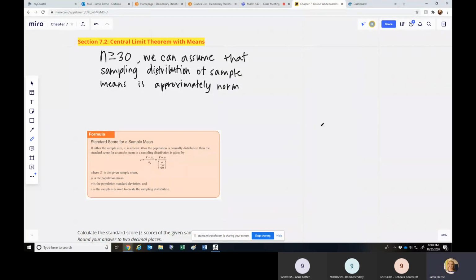And remember what normal means. Normal means it's bell-shaped and symmetric.